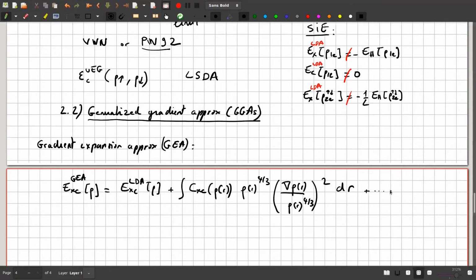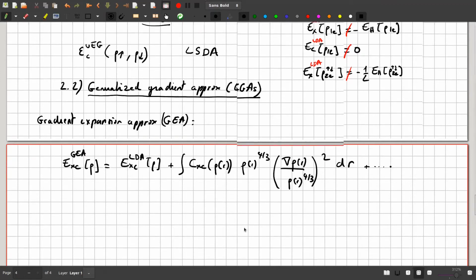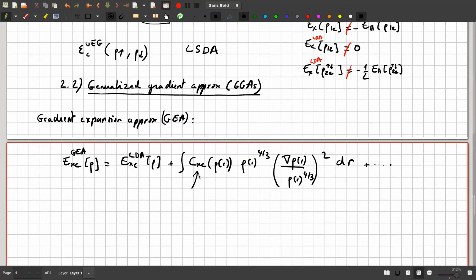This is a second order expansion in terms of the gradient. This exchange and correlation coefficient can be divided into an exchange coefficient that does not depend on rho, and then a correlation coefficient which slowly depends on rho.